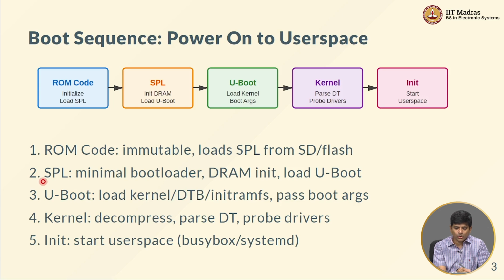So what it does is it loads the SPL. The SPL is a minimal bootloader which does a few more important things. One of the most important things it does is basically initialize the DRAM, and it turns out that the DRAM, which we all take for granted as being this large gigabytes of memory that's present in our system, is itself a fairly sophisticated electronic subsystem. There are a number of parameters you need to write.